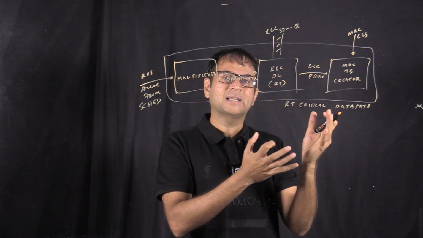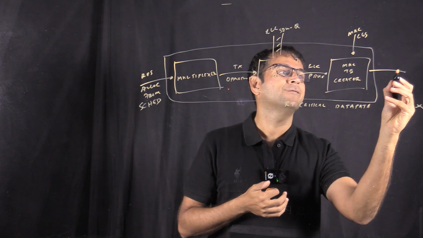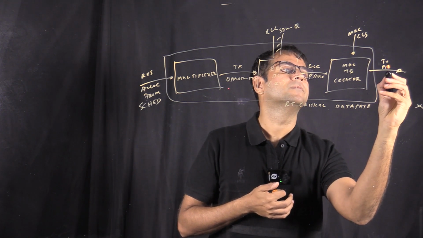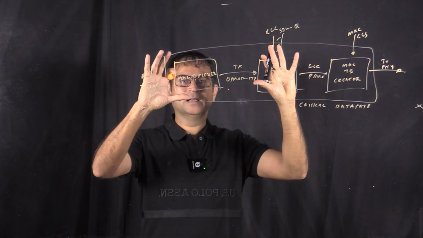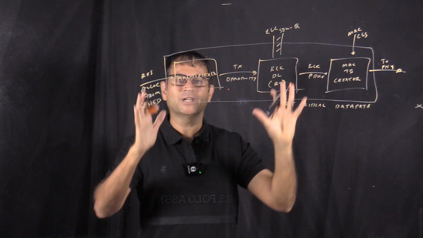It will create the entire TBs and then send them out to PHY. So this is the entire real-time sensitive data path portion in 5GNR.